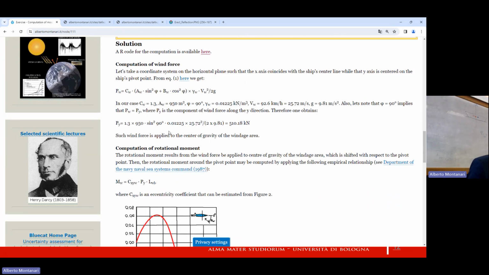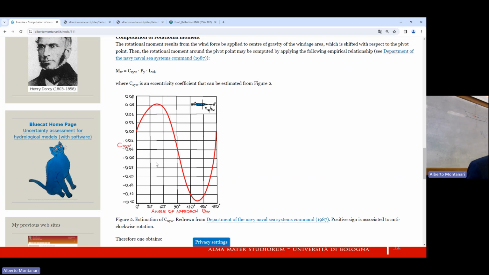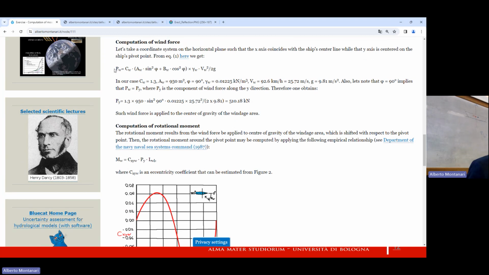This is interesting because, as I said, what follows, I mean, so far it's something that we can easily understand. Application of the formula to compute the wind forcing and application of a very simple law to compute the rotational moment. This is something that we can easily understand.